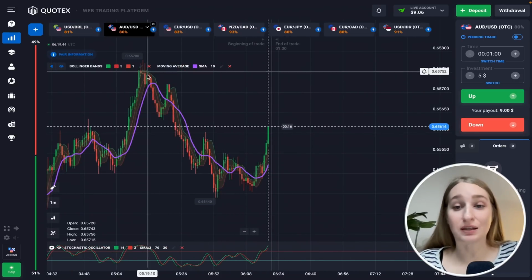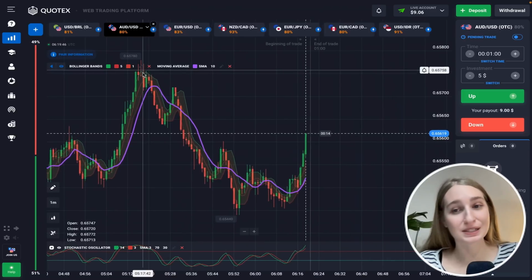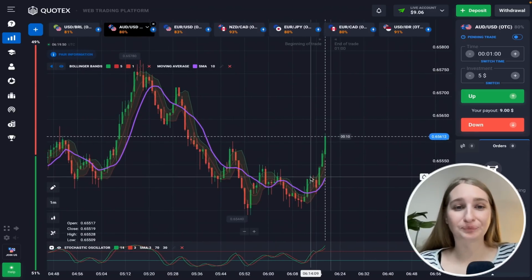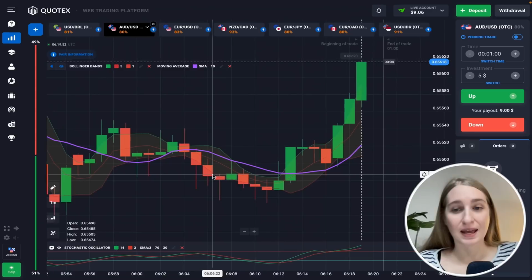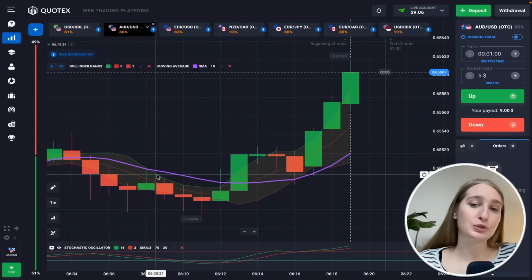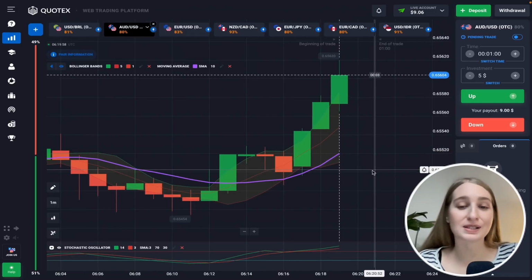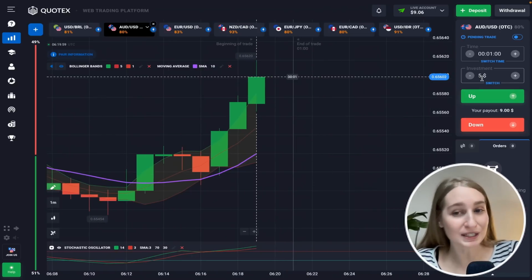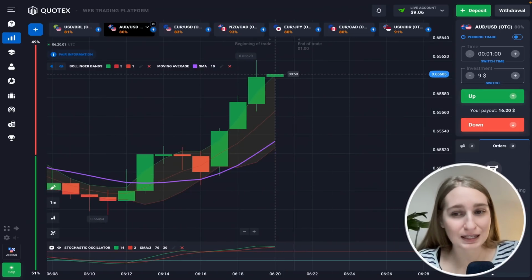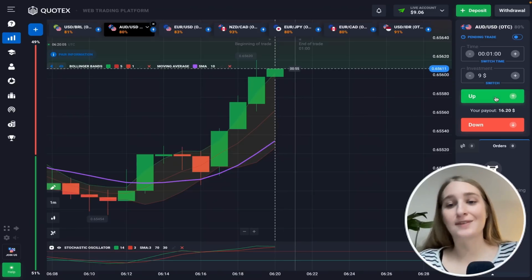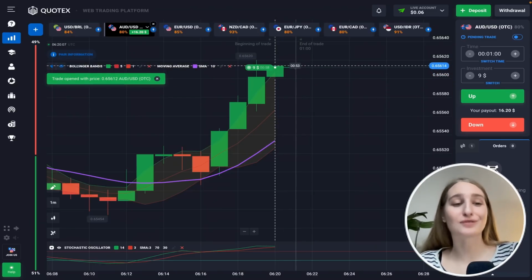There are pretty long wicks, as you see, just here. In our current picture, I also see red candlesticks having long wicks. Let's change our investment to all in, $9, and check this out with greens.